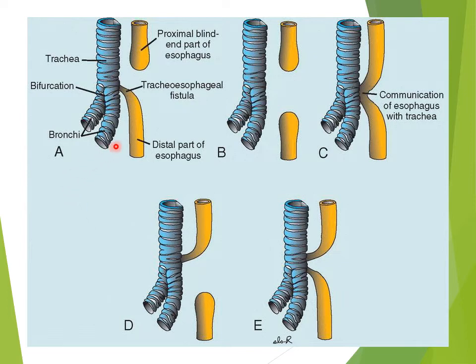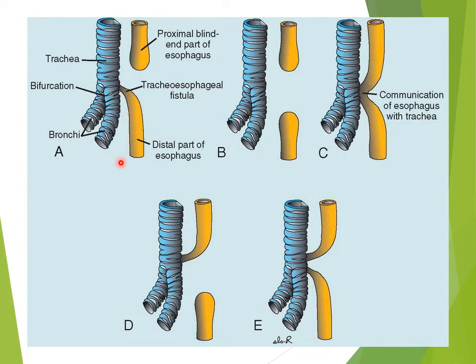Number 2, if there is an abnormal and greater deviation of the tracheoesophageal septum towards the posterior direction, more towards the posteriorly developing gut tube, this is also leading to atresia of the esophagus, as well as a very common abnormality, tracheoesophageal fistulas.